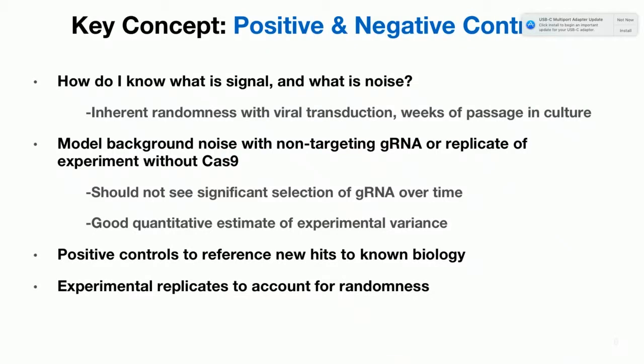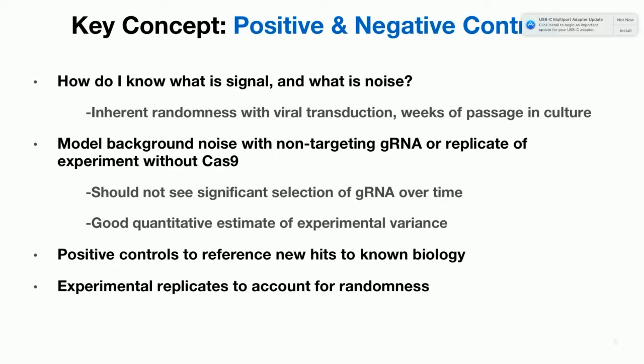Really, as has been said by many, the elegance of any experiment is the positive and the negative controls. Because next generation sequencing is a somewhat noisy readout, in order to have confidence in your data, having high confidence positive and negative controls is really critical.